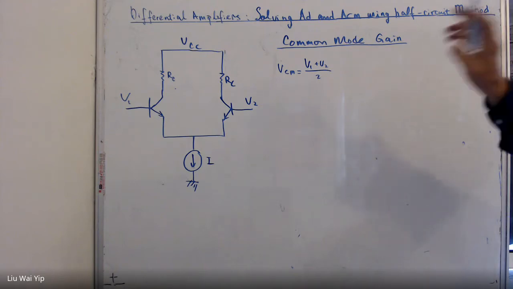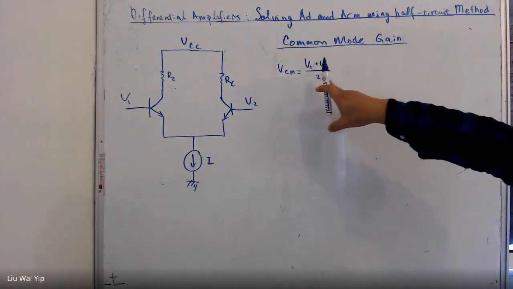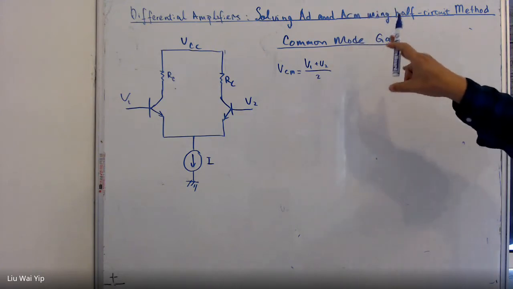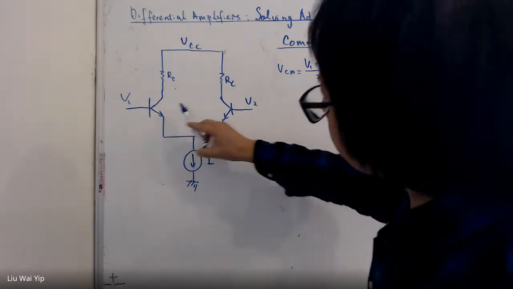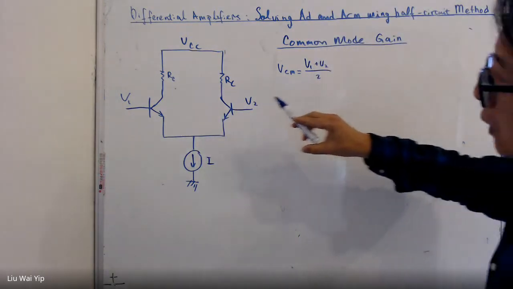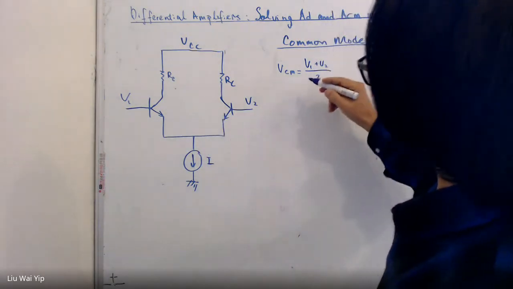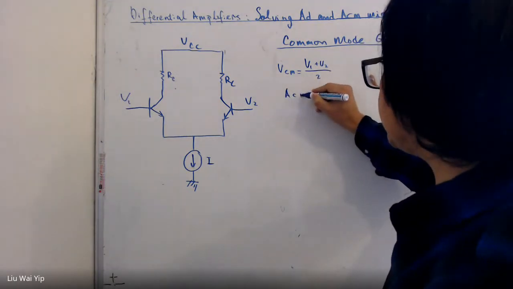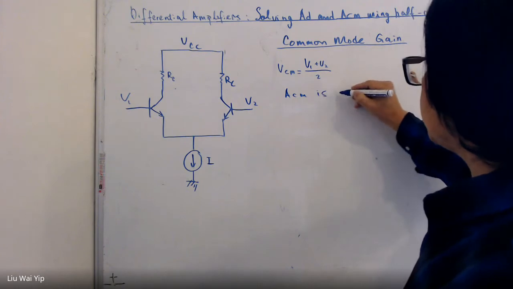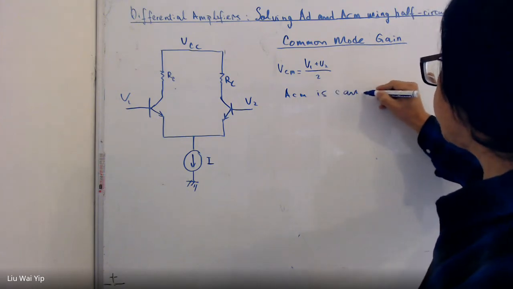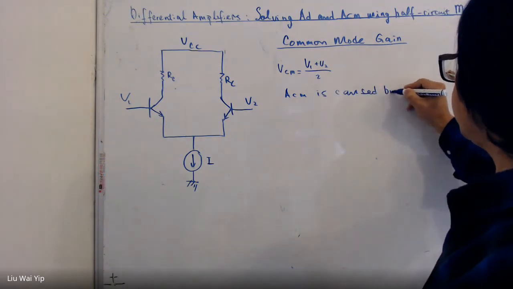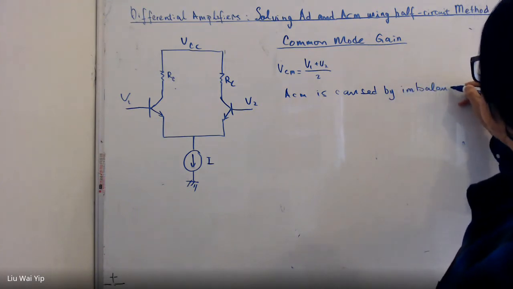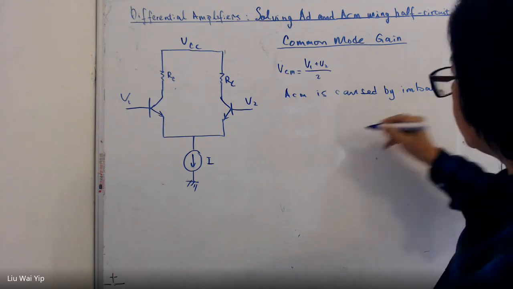One of the reasons why we have common mode voltage gain here is because of the imbalance in the circuit. So I would say ACM is caused by imbalance in the differential pair.